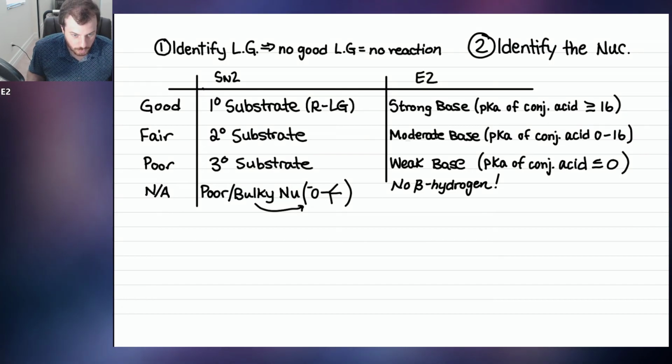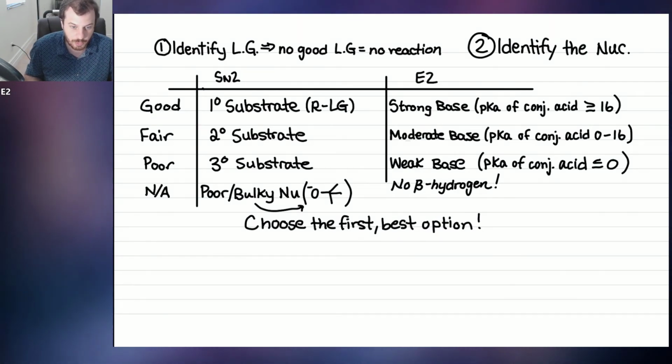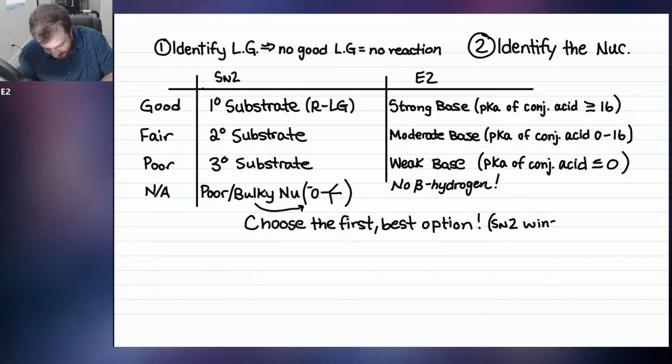Now, we look at a reaction, we choose good, fair, poor, NA for the SN2 column and for the E2 column, and then choose the first best option. In other words, you choose the best option, but if there's a tie, you choose the first best option, which means SN2 is going to win. So SN2 wins ties.